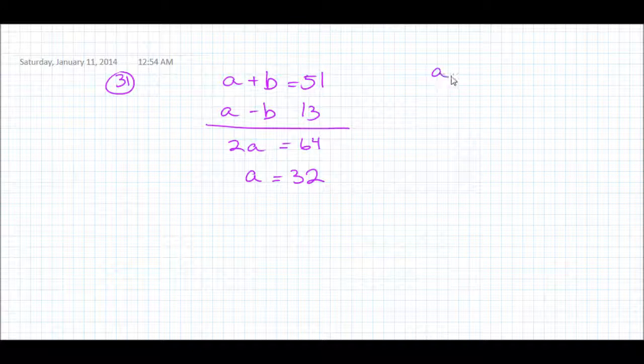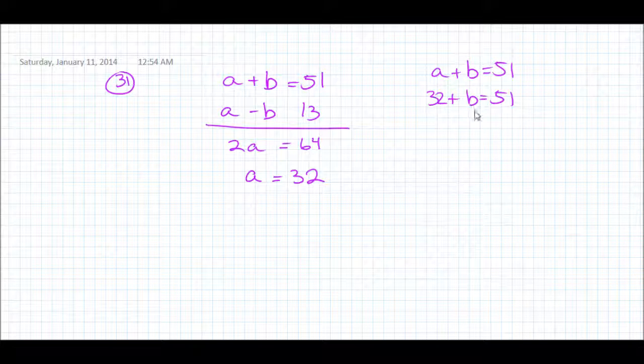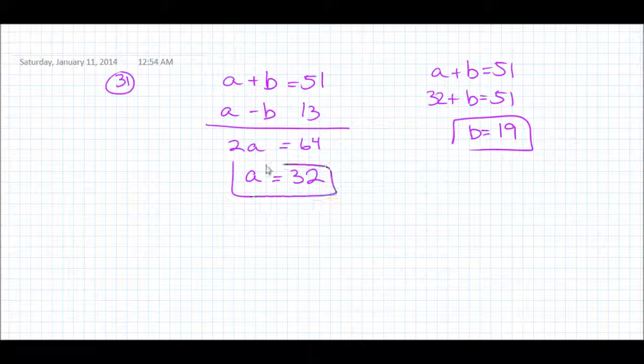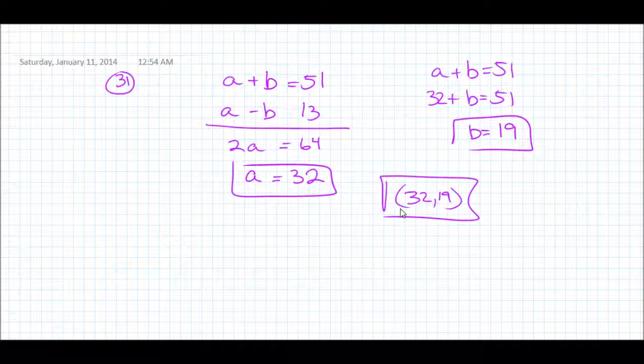So I have a plus b equals 51. So 32 plus b equals 51. Subtract 32 from each side, I get b equals 19. So I got a equals 32, b equals 19, so my solution set would be 32, 19, in parentheses, and box.